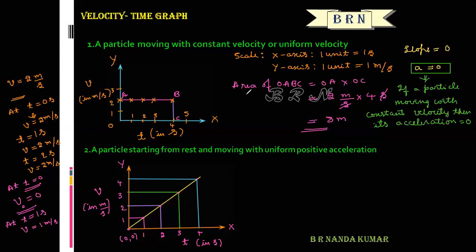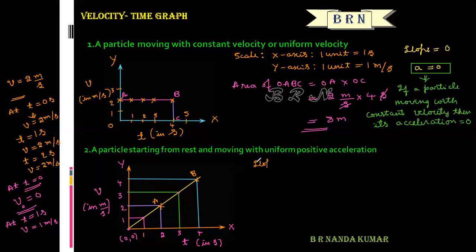Here, let us consider two observation points, point A and point B. These two points lie on a straight line. Here we have to find the slope. What is the meaning of slope?